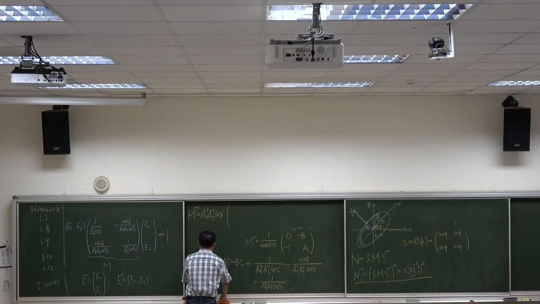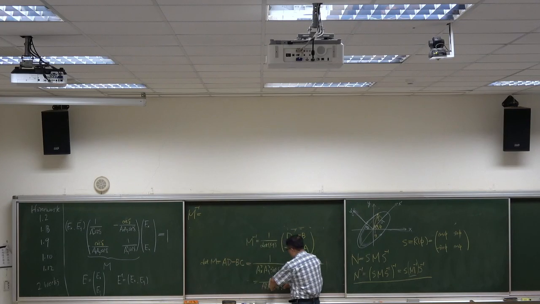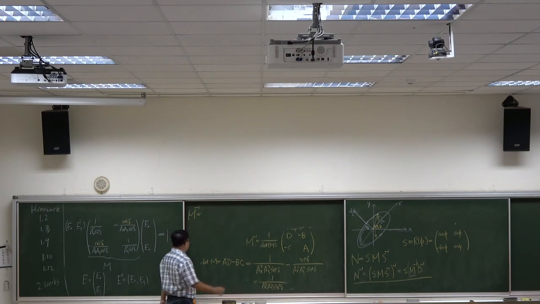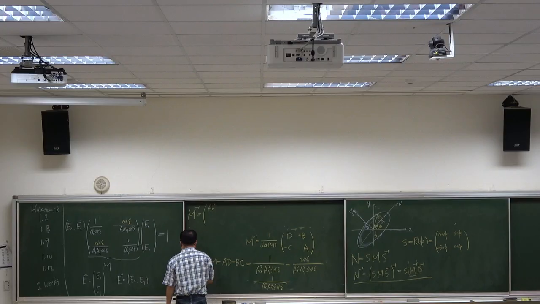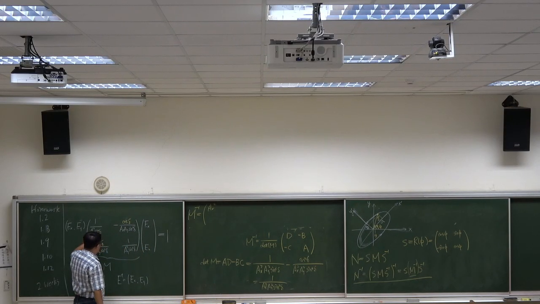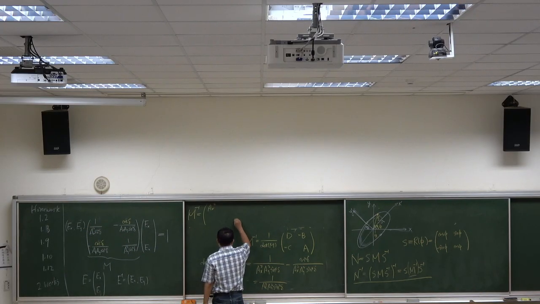I can write the result directly. The reverse, this times this. So we get ax squared. Okay. And if I times this, I get ay squared.